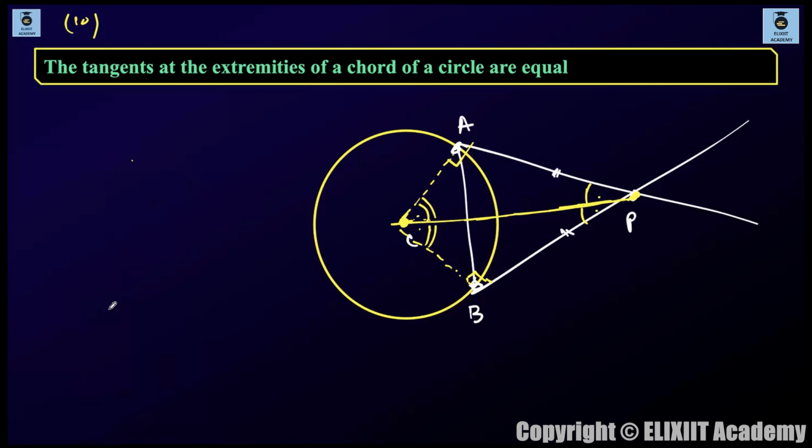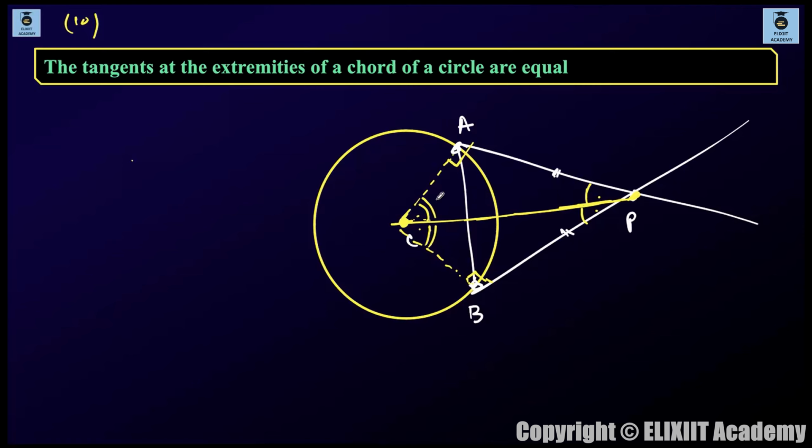So, what can I say? Can I say PC is the angle bisector of angle ACB, which is also the angle bisector of APB? Can I say this thing?